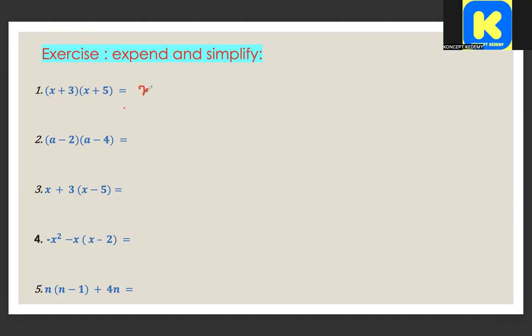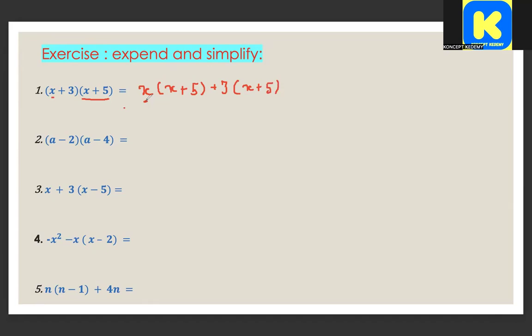So the first x into x plus 5, the whole factor multiplied by the x. Then 3 is positive, so I will write plus 3 into the second factor, x plus 5.